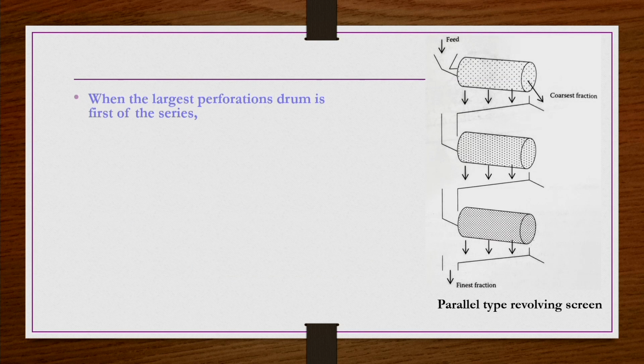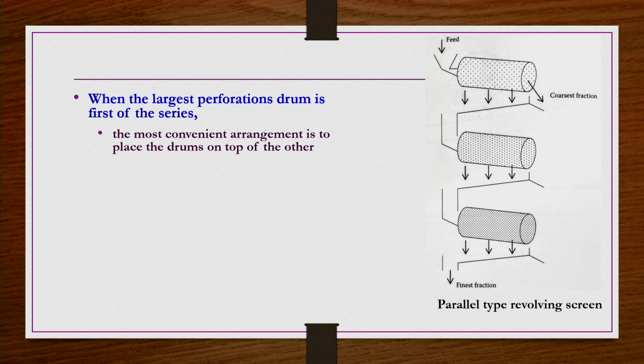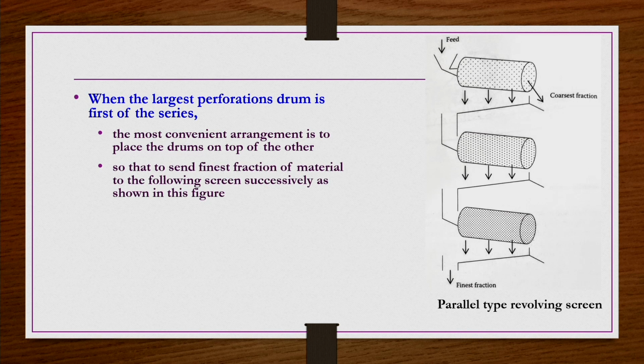Let us say if you arrange the largest perforation drum first of the series, like at the top as I have shown here in the picture, then the most convenient arrangement is to place the drums on top of the other, so that the finest fraction of material can flow to the subsequent screens successively, and then the finest can be collected at the bottom.